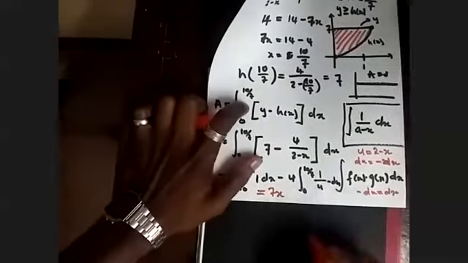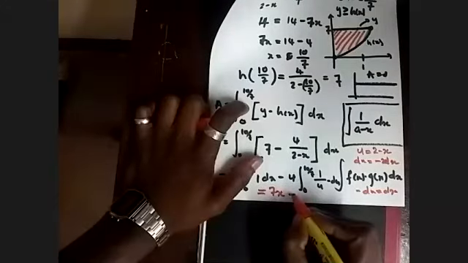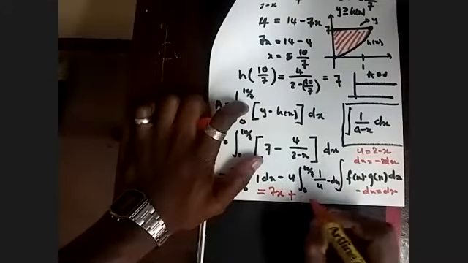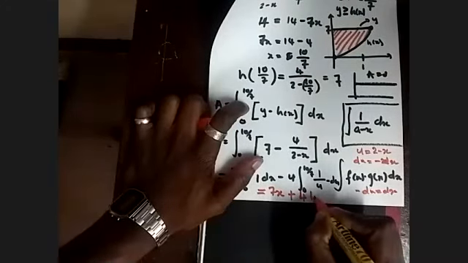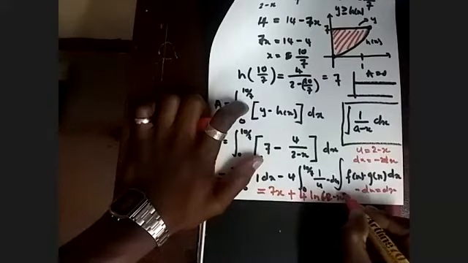So if you don't have any question, the solution that we should have there should be something like x plus 4 ln, but our u is given by 2 minus x, so I can write 2 minus x.